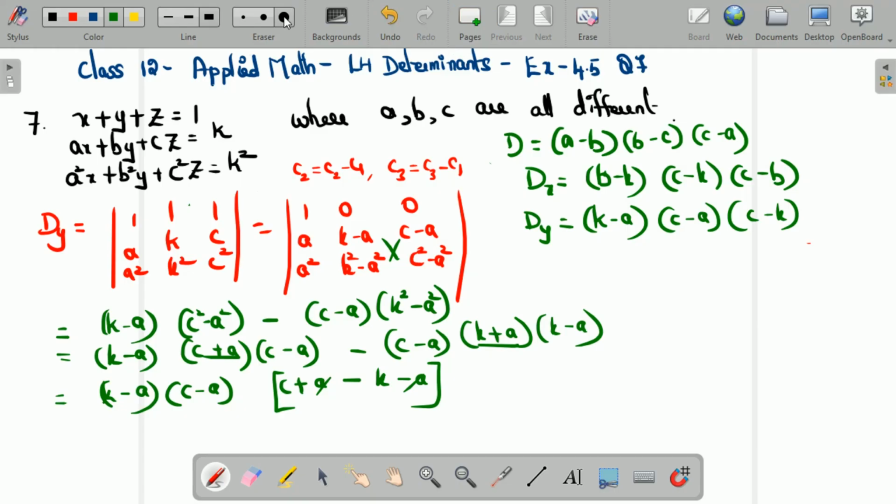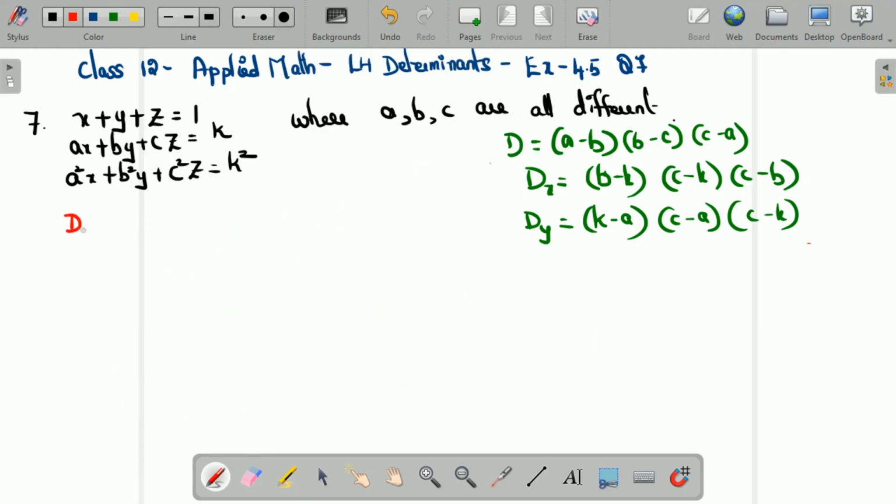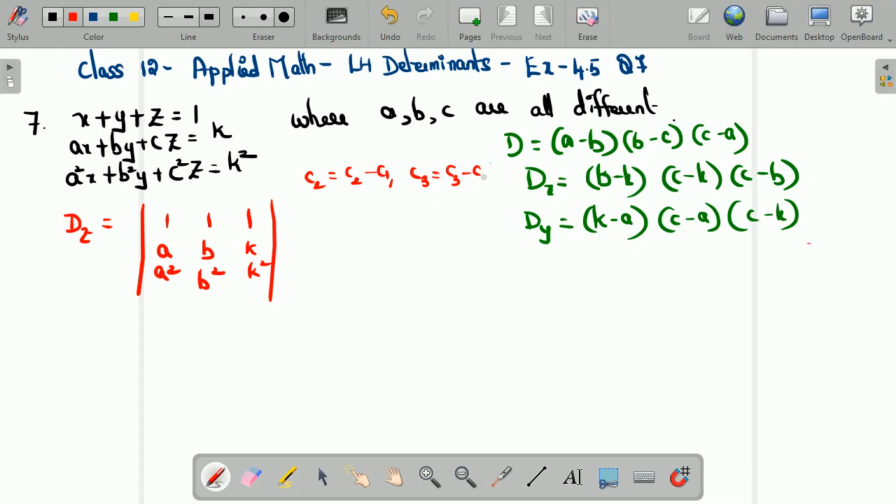Now let's calculate dz. dz is equal to 1, a squared, the second column is 1, b squared, then 1, k squared. Same transformation, c2 is c2 minus c1 and c3 is c3 minus c1.